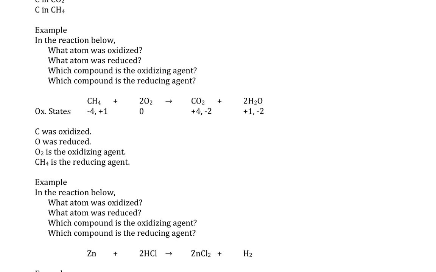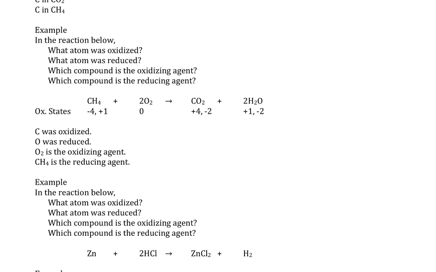Alrighty, so as we developed above, the carbon in CH4 has the -4 oxidation state, hydrogen +1, each one. The O2, each O has a 0 oxidation state. In CO2, each O has the -2 oxidation state, carbon +4.